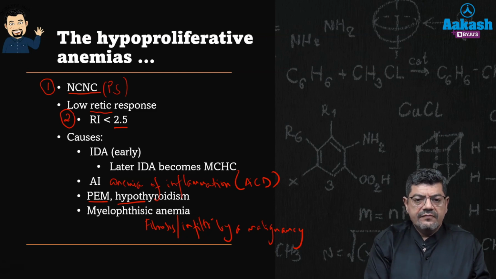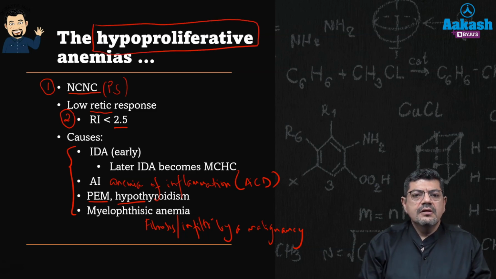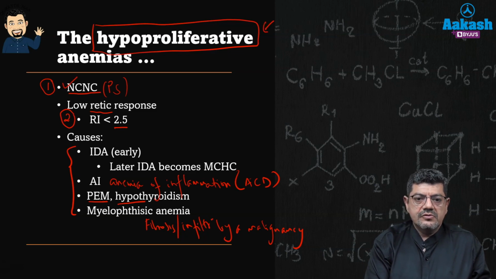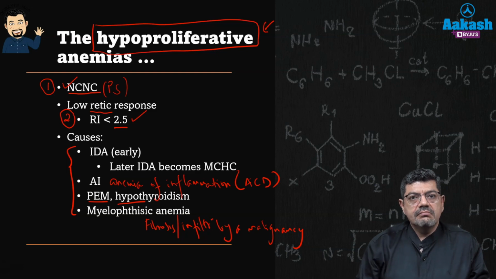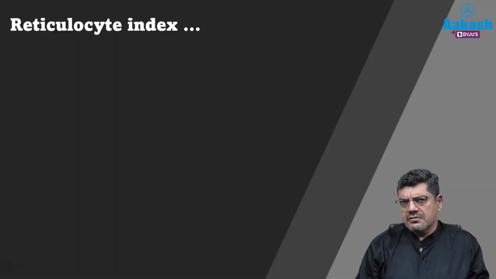So these four together constitute the hypoproliferative anemias. The two parameters required for that distinction, for giving the anemia that name, are normochromic normocytic RBCs and a poor marrow response, right? Let's go to reticulocyte index.